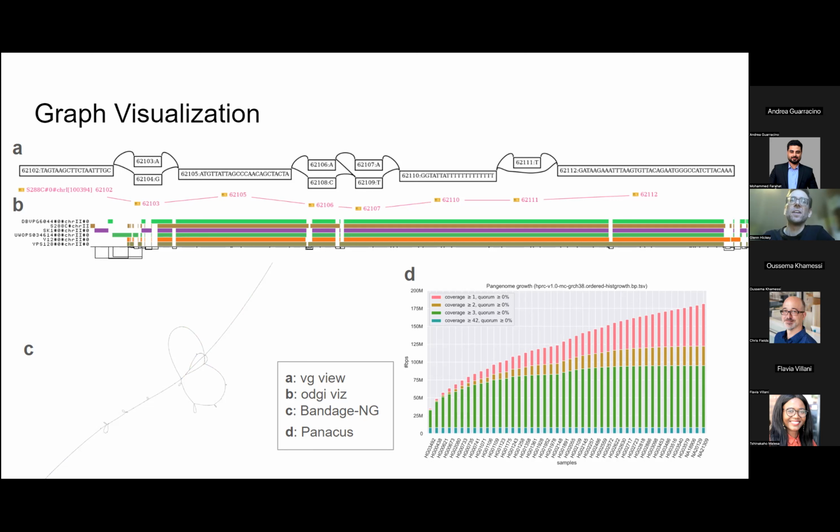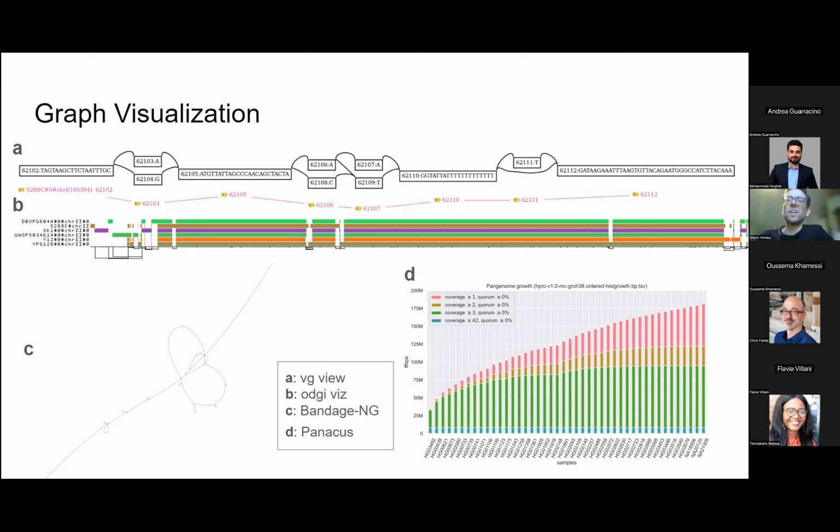It's hard to visualize pangenome graphs at scale, but what you can do, and you'll see in the workshop, is often pull out regions of the graph and zoom in on them. So I've just put in 4 here. There are other ways to visualize a graph. The top one, A, is using VG. That's one of the oldest ones. It's still an interesting way to look at little regions and paths in the graph.